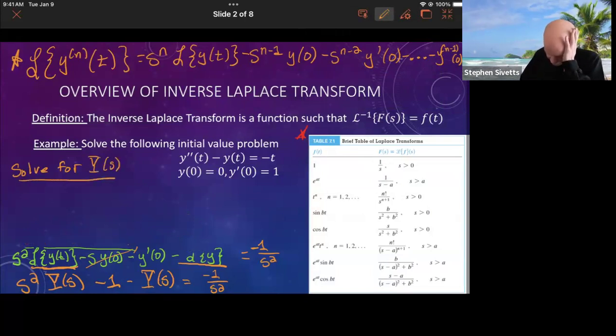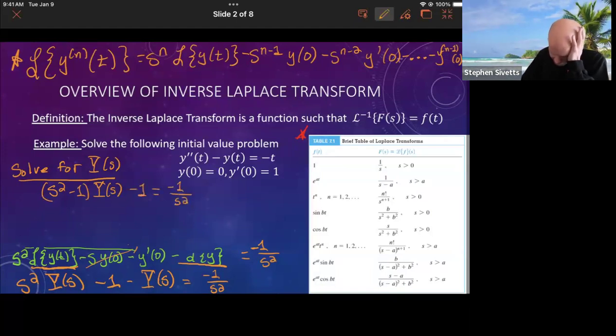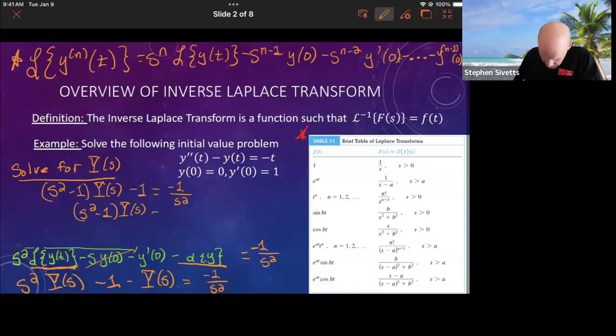So now we have S squared minus 1. We factor the terms that have the capital Y function. And then minus 1 equals negative 1 over S squared, right? So now we'll have S squared minus 1 times capital Y of S equals 1 minus 1 over S squared.